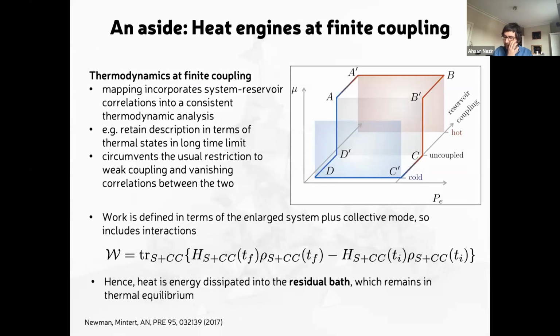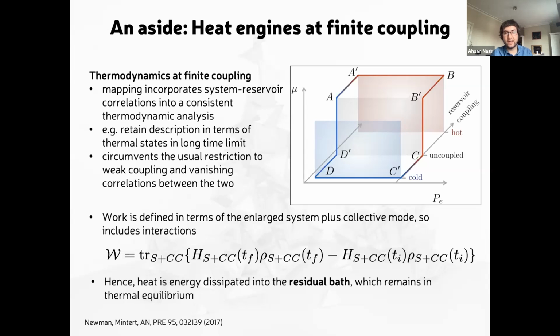Okay, so you can probably see that there could be some interesting implications of that for thermodynamics, and I'm going to show an example here for a heat engine, actually at finite coupling, so an Otto cycle, where we assume that we have a two-level working system, but that it can be coupled strongly to both hot and cold reservoirs around an Otto cycle.